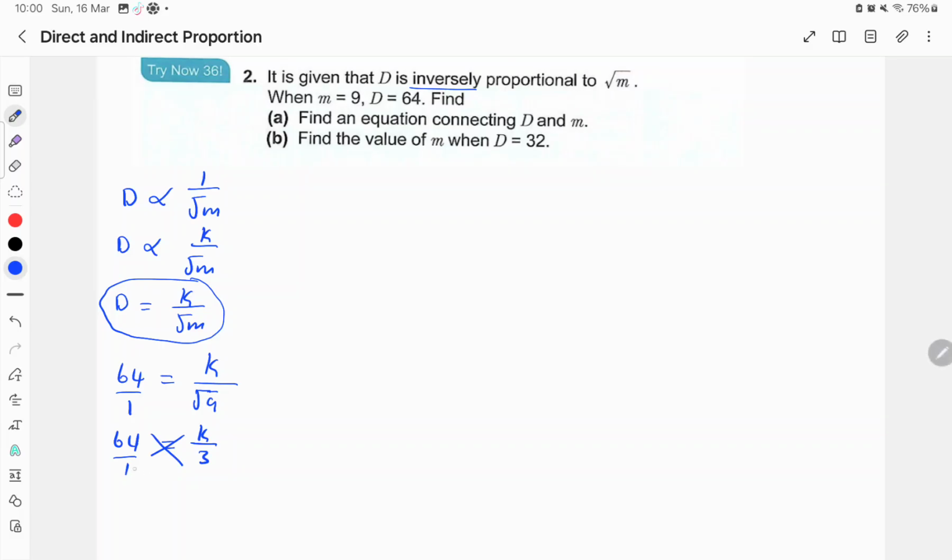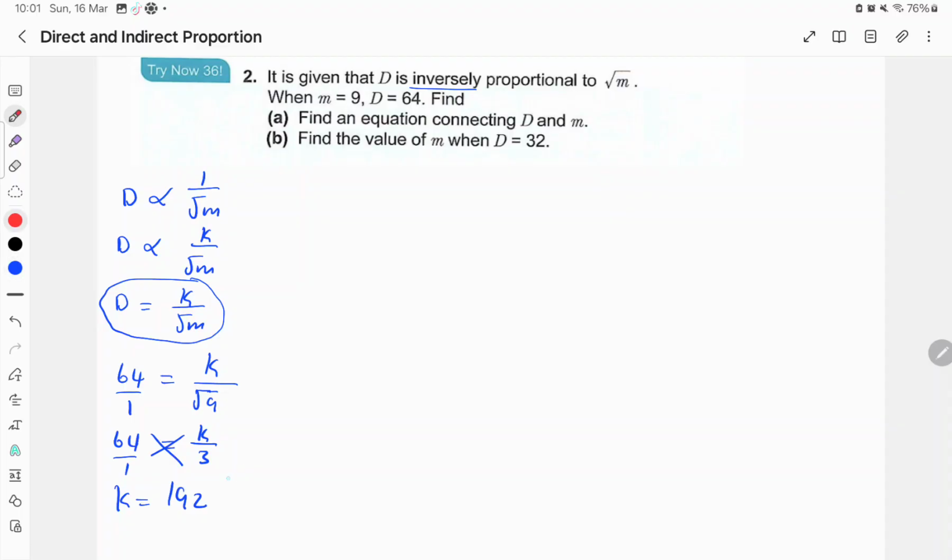So then you will have 64 times 3, which is 100 and what? I think 109 something, maybe 192. Let me calculate. 64 times 3 is 192. So K is 192. Then from there, you are not done. You have found K, yes.